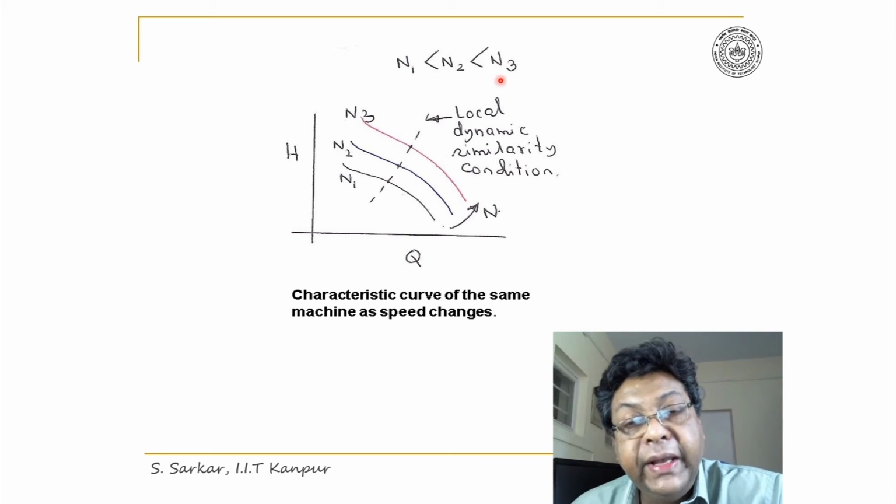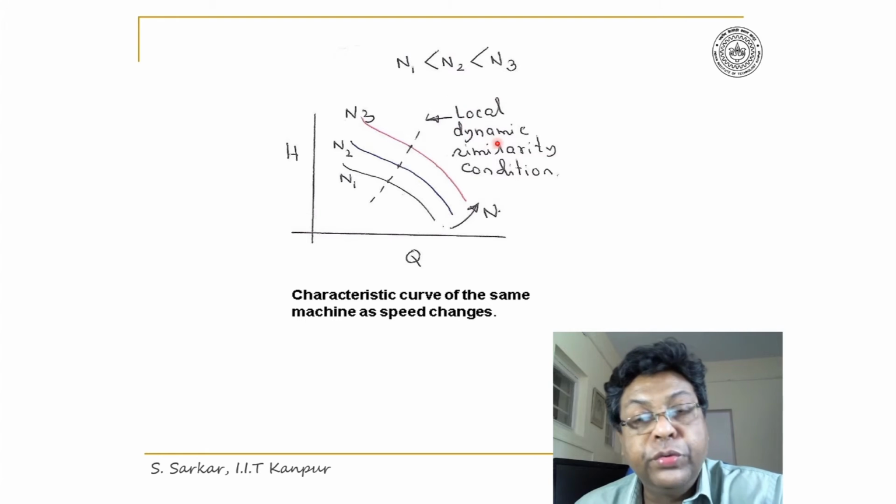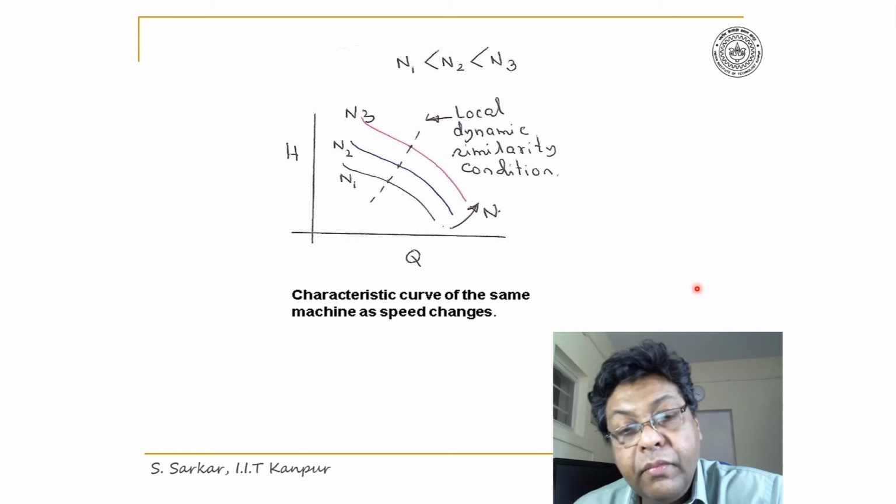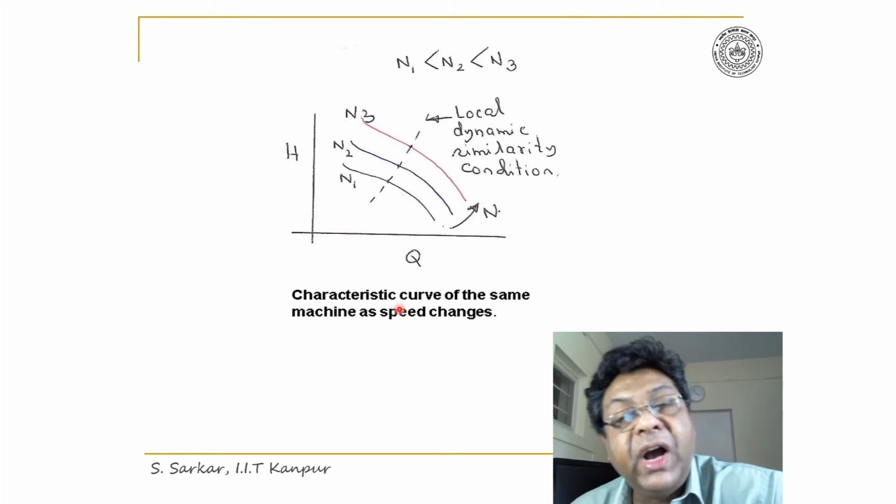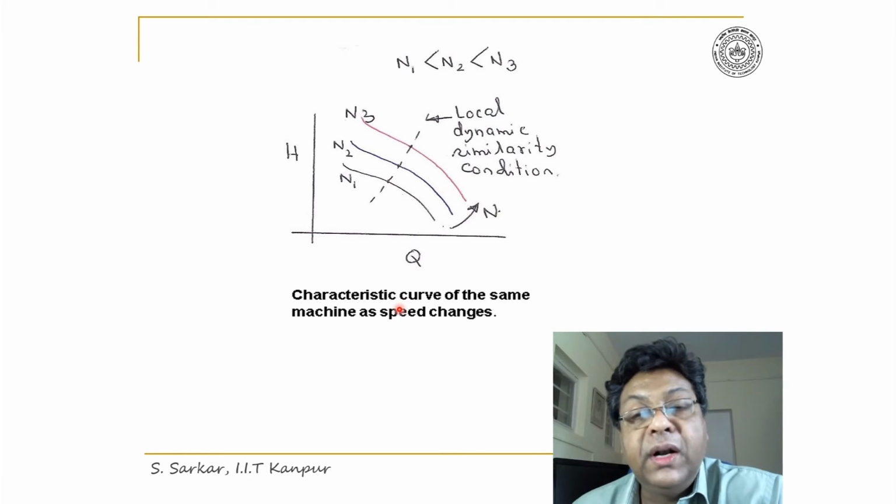So N3 is greater than N2. Similarly, N2 is greater than N1. So it will be parallelly shifted if I consider the local dynamic similarity is maintained.